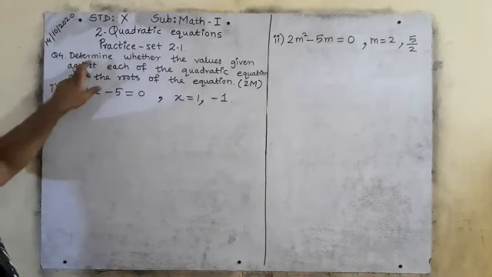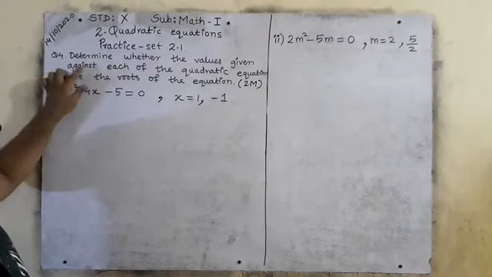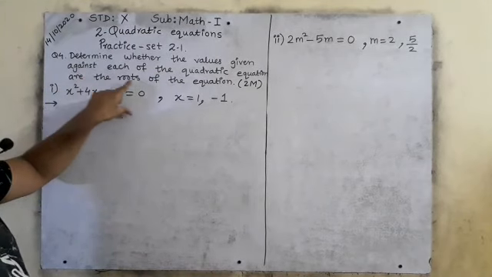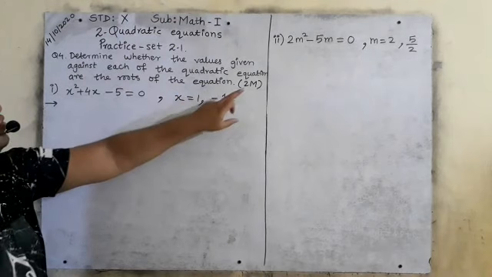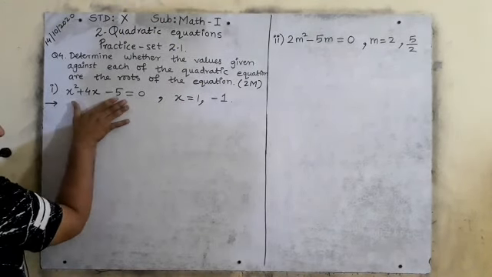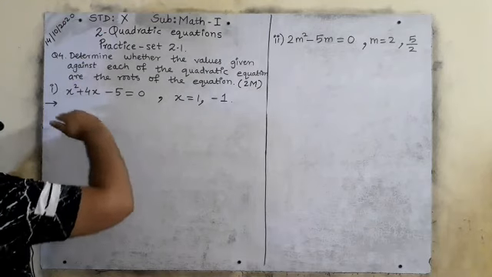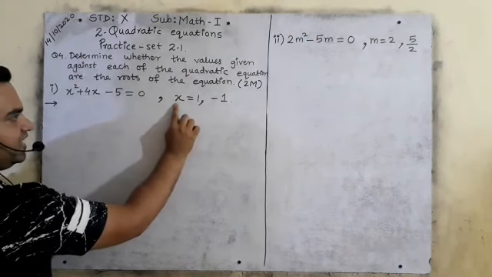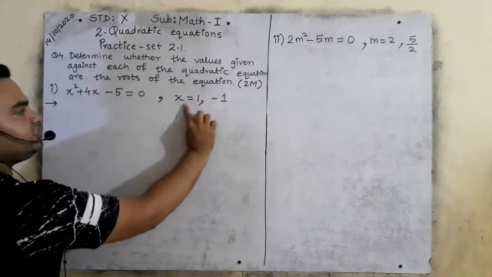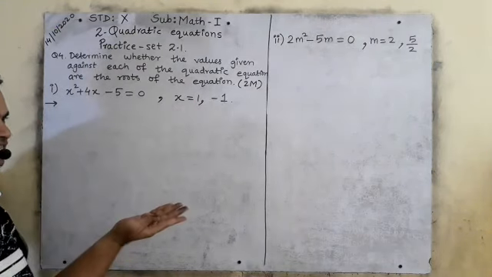What is it? Determine whether the values given against each of the quadratic equations are the roots of the equation. 2 marks. It means this is an equation, and the values given against each equation are x is equal to 1 in the first condition, then x is equal to -1 in the second condition.